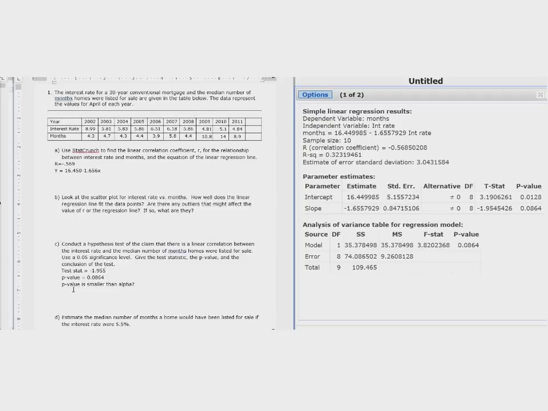If it is, then we have a positive conclusion. If it isn't, we have a negative conclusion. So for this one, if we compare our p-value, which is 0.0864, and our significance level, the p-value is actually bigger. So the answer to this is no, or it's false. So what that would mean is that for our conclusions, they're negative.